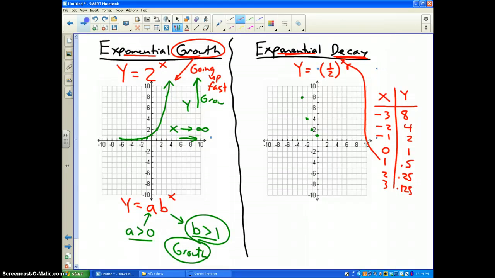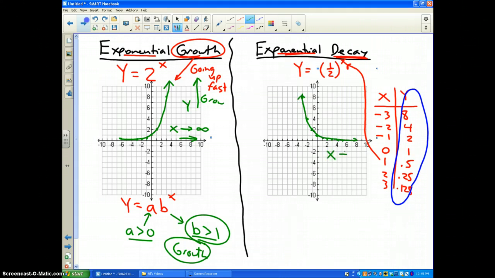Now, if you notice, these numbers in the y column are the exact opposites of the one that we did for exponential growth. So now, as x approaches positive infinity, my green dots are going to get closer and closer to 0 without touching that 0 line. It's going to look something like that.